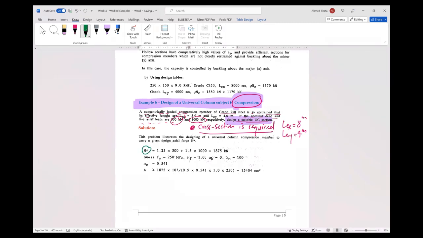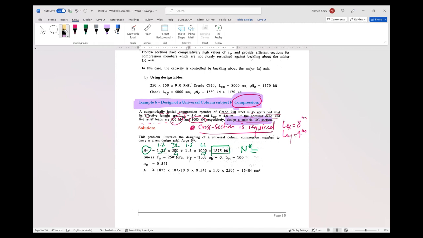So N star is 1.25 dead load or G and 1.5 live load or Q. As you can notice here, this was updated to be 1.2, but anyway, this is just a number here. So what is the N star we have? Here it is given directly, N star is not unknown.